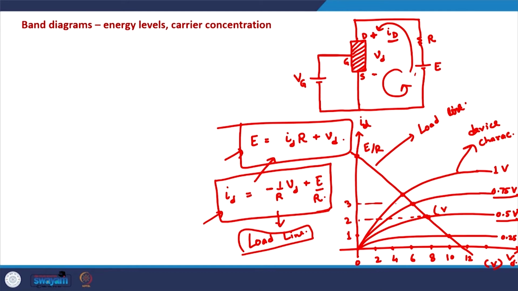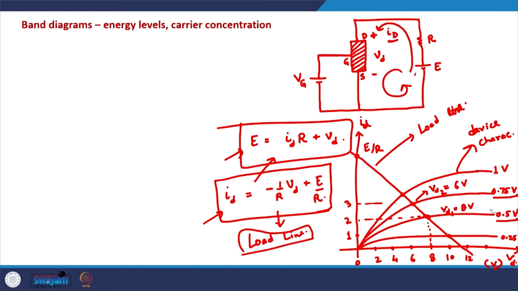So here the VD value is around 8 volts, here the VD value is around 6 volts. So let us say this is VD1, this is VD2.